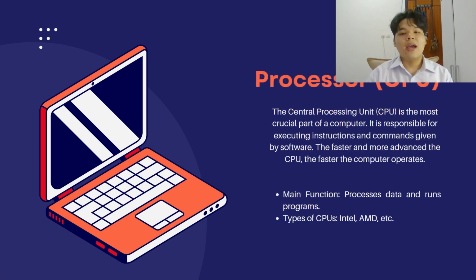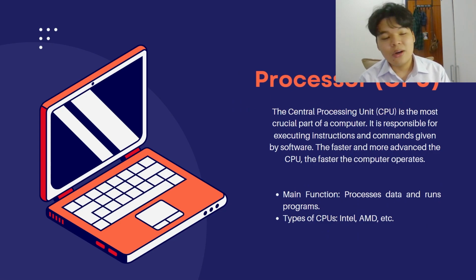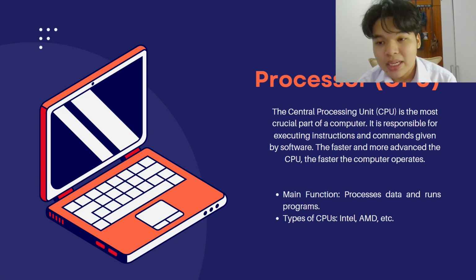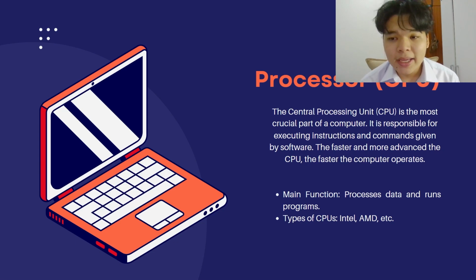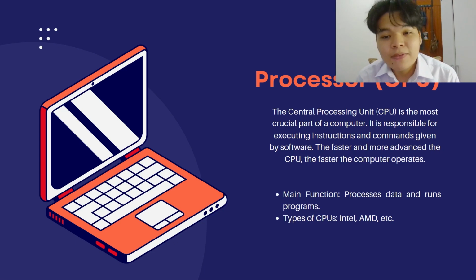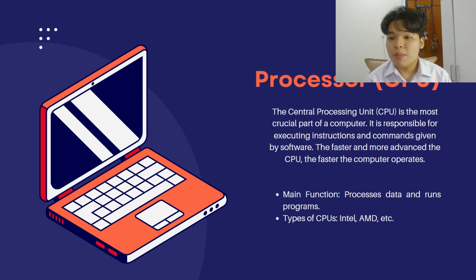Next, we have processor, or you can say, guys, CPU once again. The central processing unit, CPU, is the most crucial part of a computer. Why? It is responsible for executing instructions and commands given by software. The faster and more advanced the CPU, the faster the computer operates.